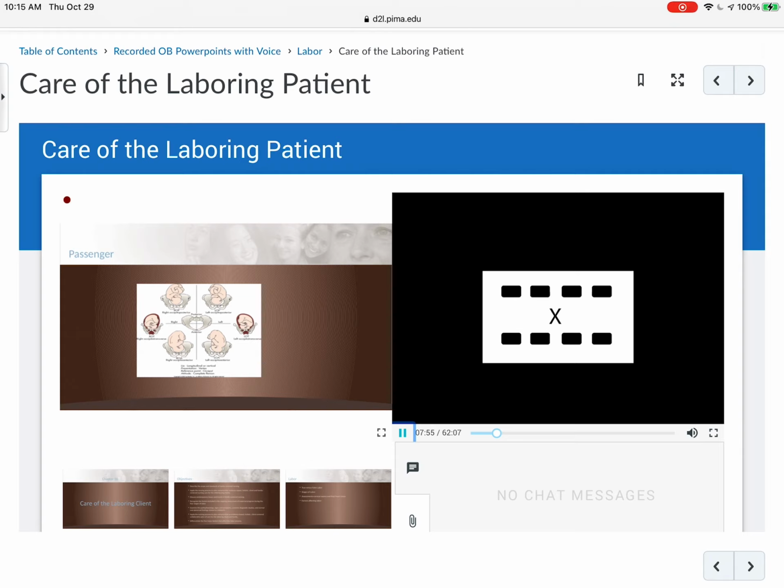Now, in that picture the baby's back is to our left, but think of it as mom lying in bed. The baby's back is on mom's right side, so it's right. O stands for the presenting part.